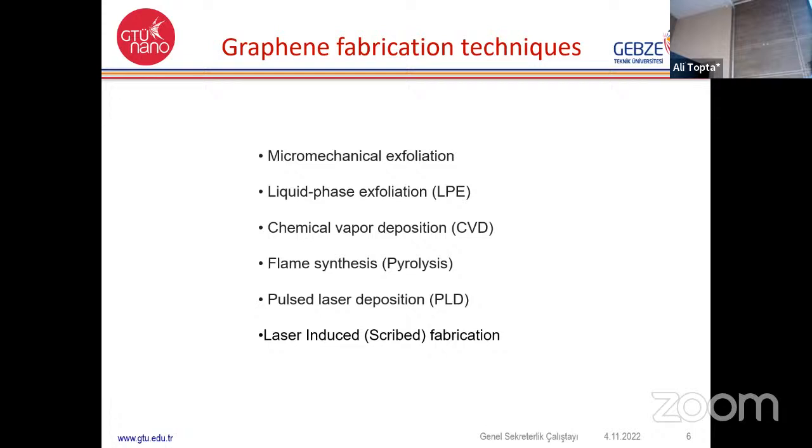The third one is chemical vapor deposition, and the other one is flame synthesis, or flame pyrolysis, which is similar to making CNT but with a little bit different type of catalysts, pulsed laser deposition, and then lastly, well, not least, laser induced or laser scribe deposition that we are going to talk about today.